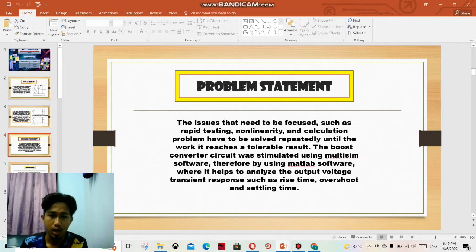The boost converter circuit was simulated using Multisim software. Then, MATLAB software helps to analyze the output voltage transient response, such as rise time, overshoot time, and settling time.